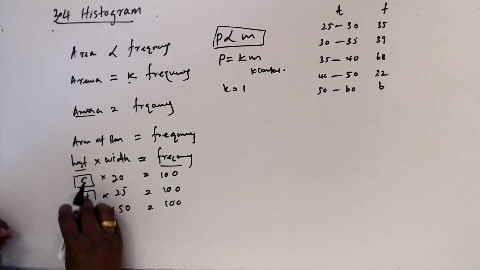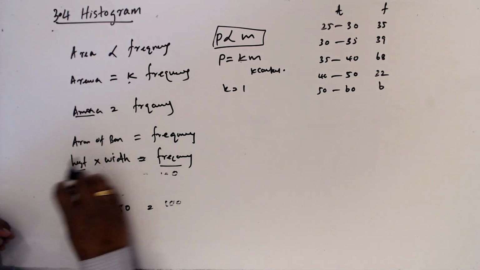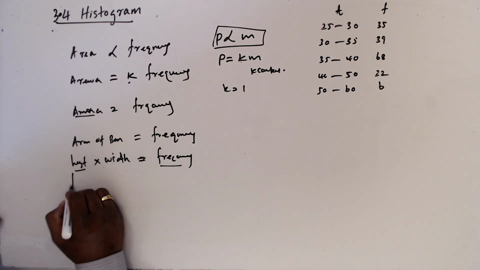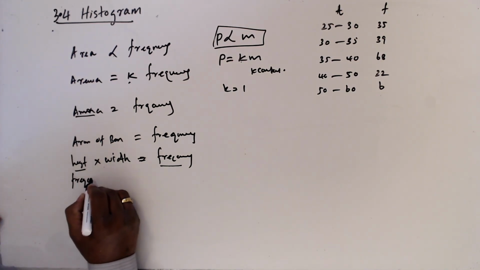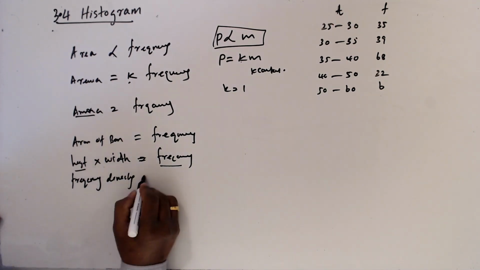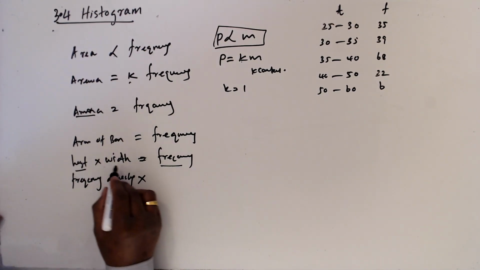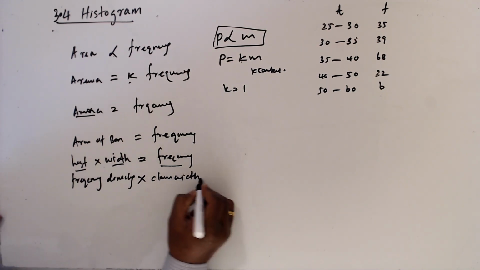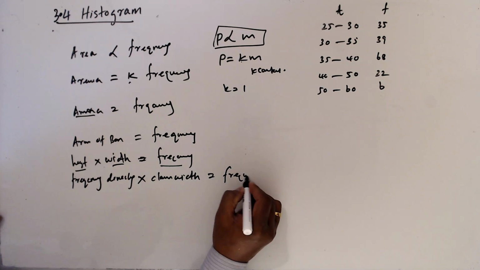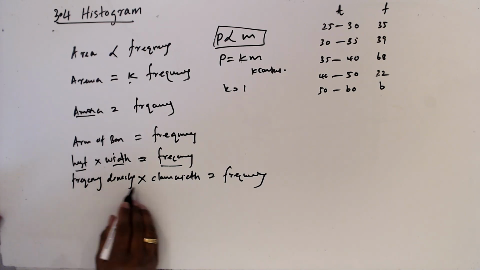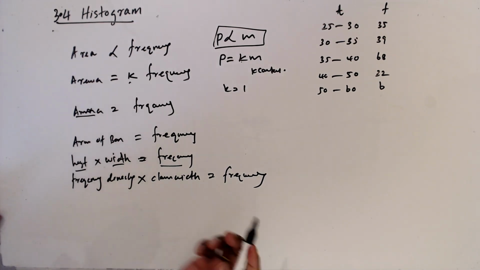We name this height the frequency density. Frequency density times class width equals frequency. But if it's difficult to get your head around the words frequency density, you can stay with height.